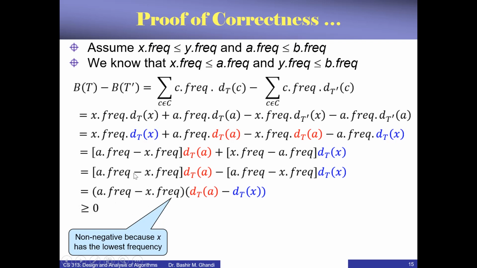This term is positive because we are told x and y are the elements in our alphabet with the least frequency. So if you subtract a smaller frequency from a bigger frequency, you definitely get a positive value, or 0 if they are equal.